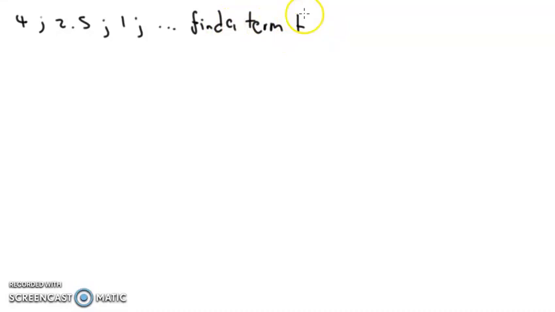In the next question, we are given the sequence 4, 2.5, 1, and we want to find a term that is equal to negative 66.5.